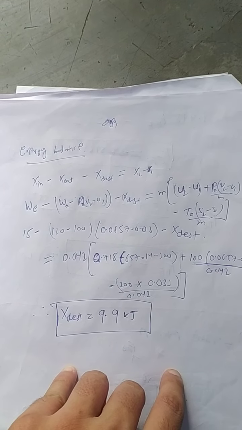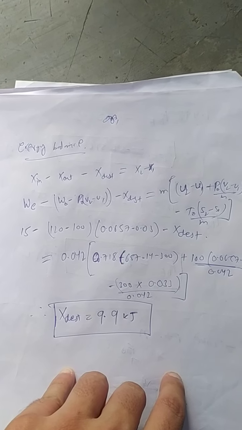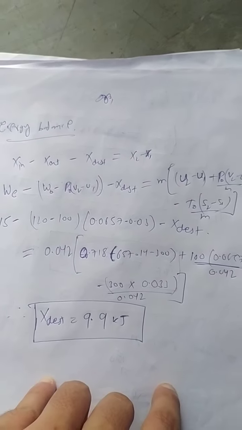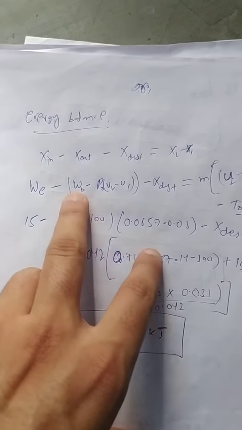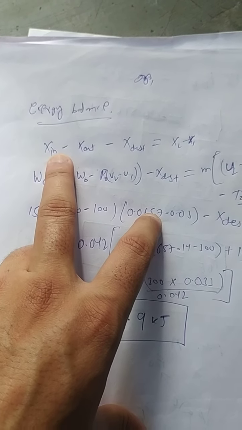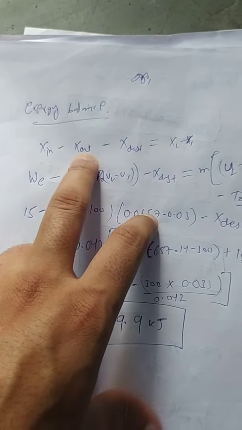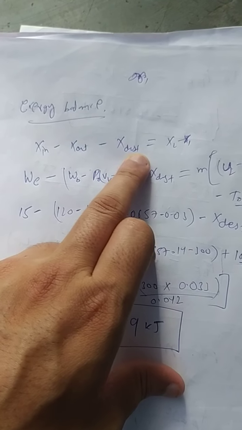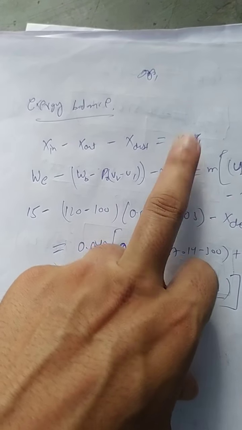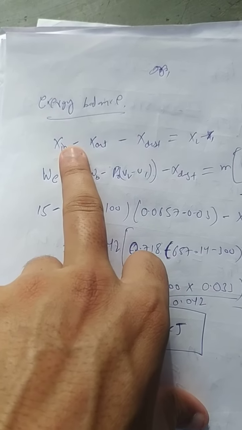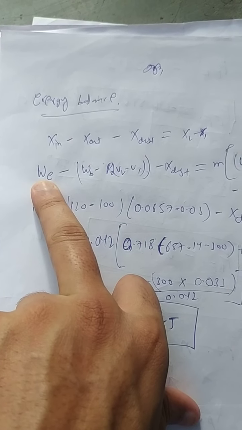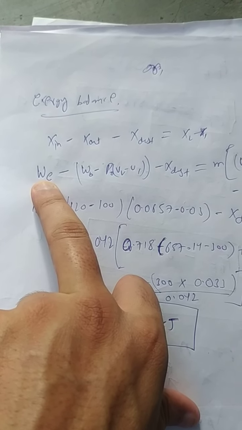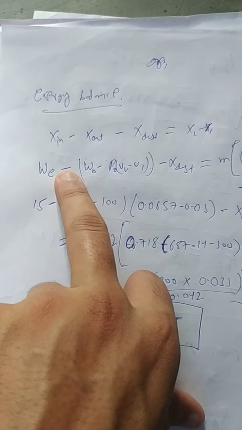Now this question can also be done by just doing an exergy balance. So let's do the exergy balance. So exergy in minus exergy out minus exergy destroyed is equal to change in exergy of the system. Now exergy in is only the work input, the electrical work, minus exergy out.